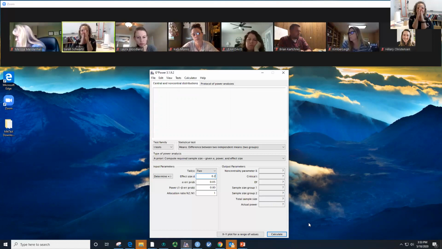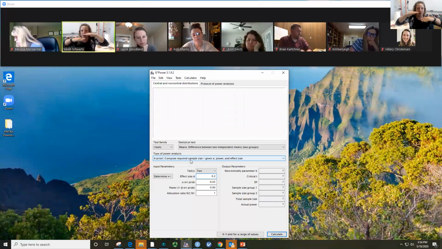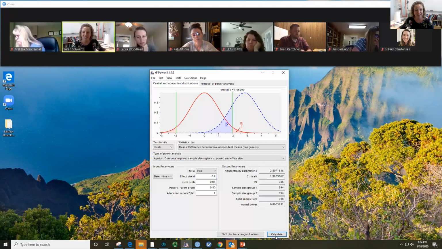Shall we see? I'm going to make the effect size small, and I'm going to push calculate. Whoa, what happened? To detect a small difference, we need big groups.